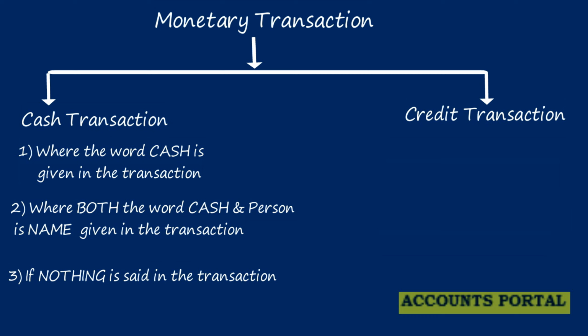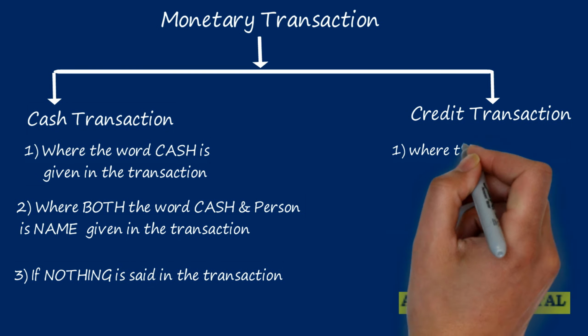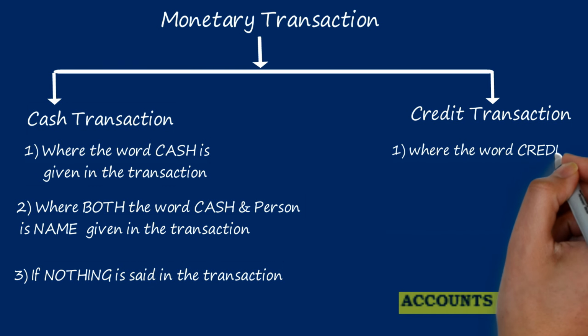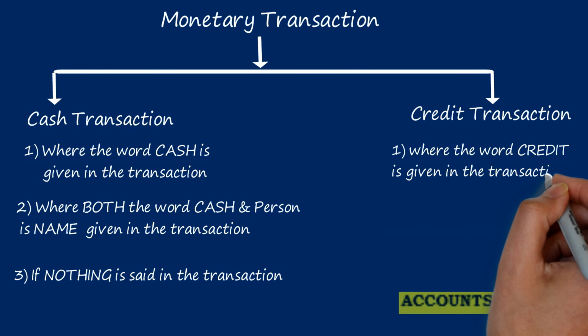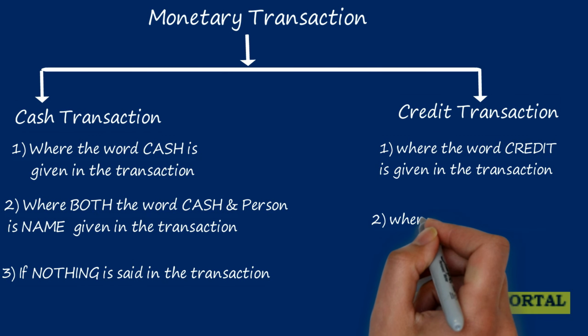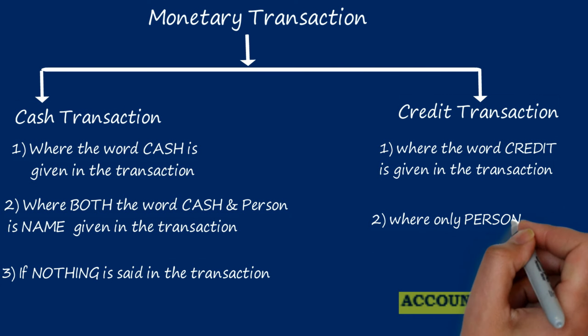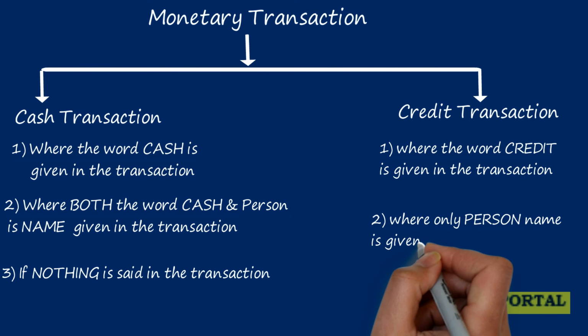Three situations or three possibilities. Next, under credit transaction, we are having two possibilities. Number one, where the word credit is given in the transaction. Number two, where only person name is given in the transaction.